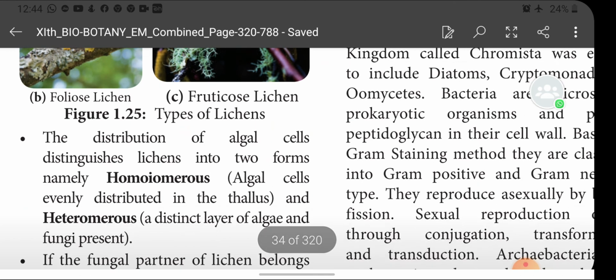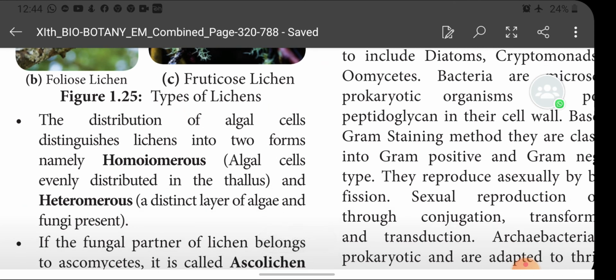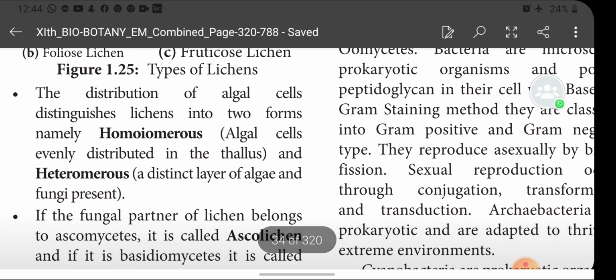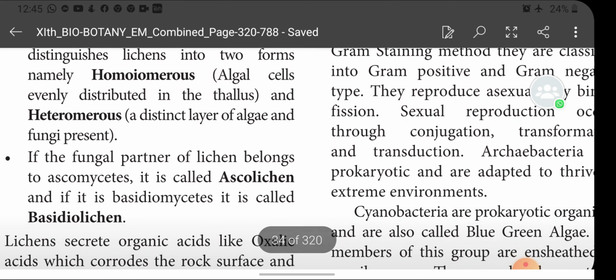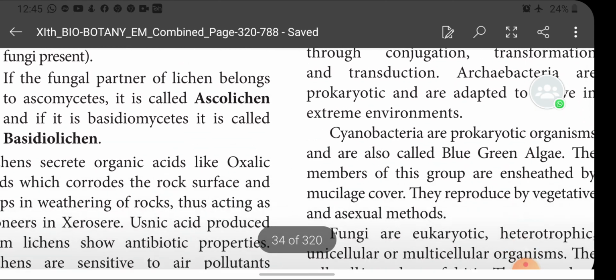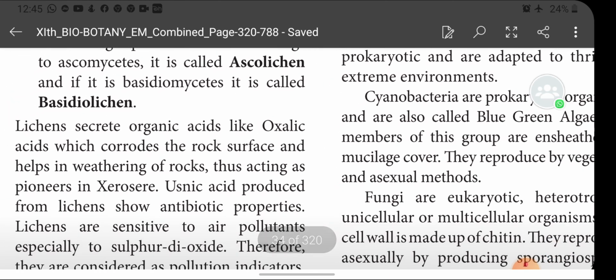The distribution of algal cells distinguishes lichens into two forms, namely homomerous, algal cells evenly distributed, and heteromerous, that is, distinct layers of algae and fungi present. If the fungal partner of lichens belongs to Ascomycetes, it is called ascolichen, and if it is Basidiomycetes, it is called basidiolichen.